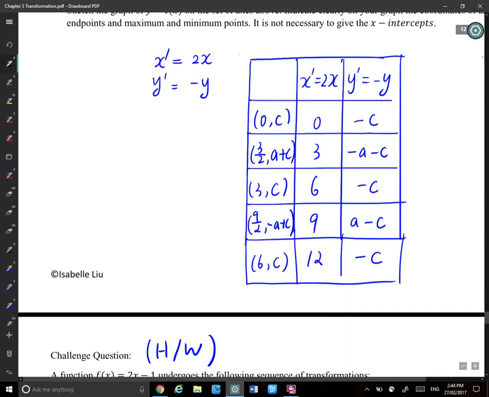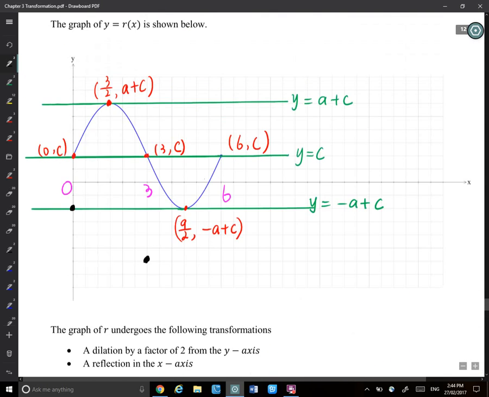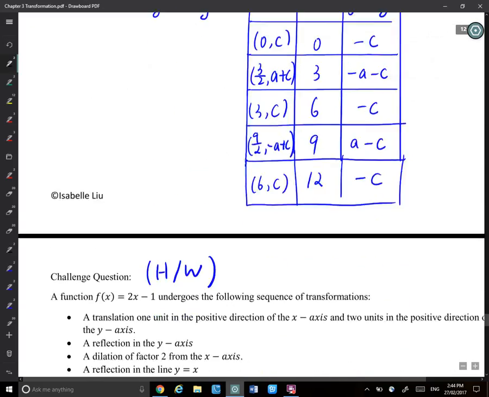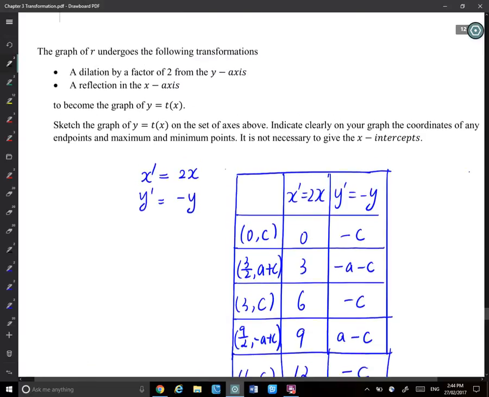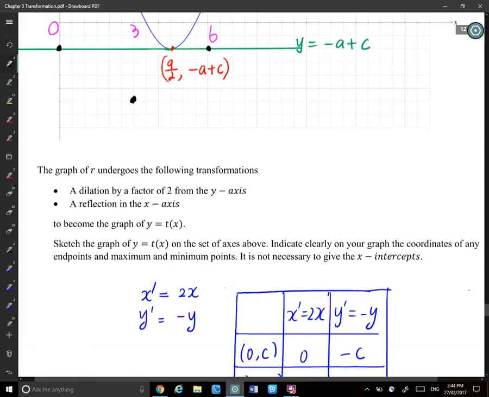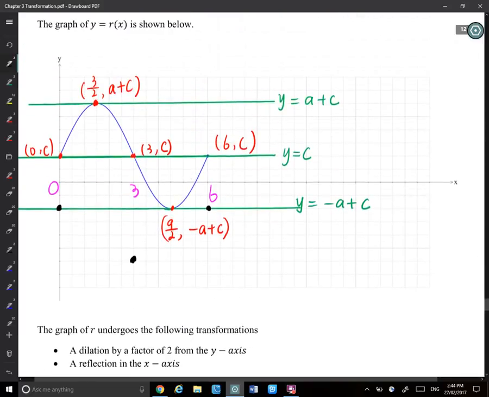Now 6, minus c. So 6 is here, minus c is here. And 9, a minus c. Where's 9?